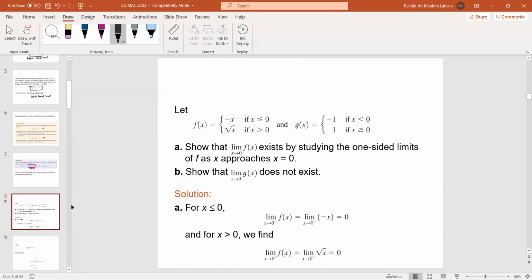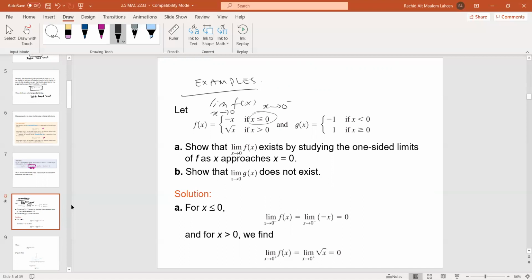All right, so more examples. Let's investigate the limit of f(x) as x approaches 0. We need to do the left-hand limit, which means x less than or equal to 0, so we use the formula for approaching 0 from the left side.